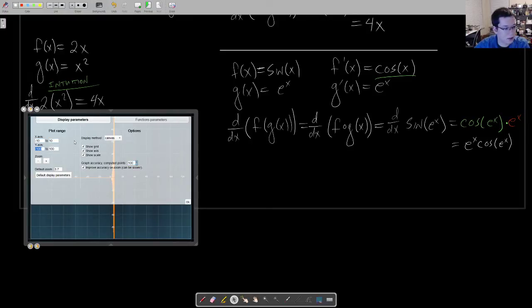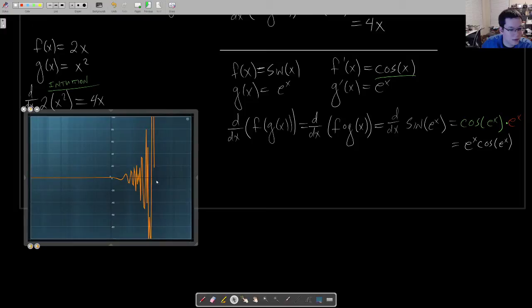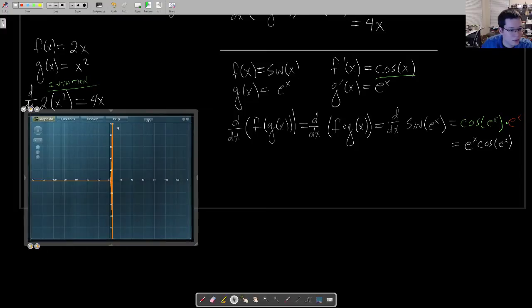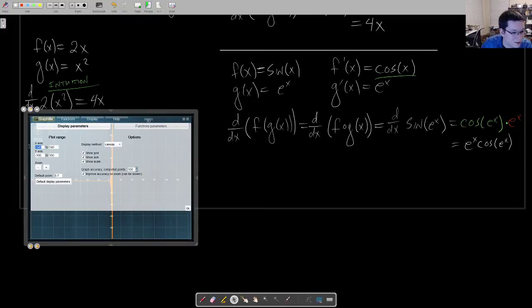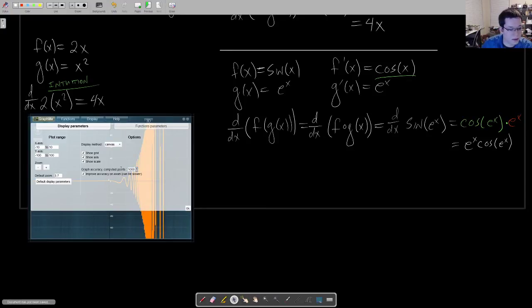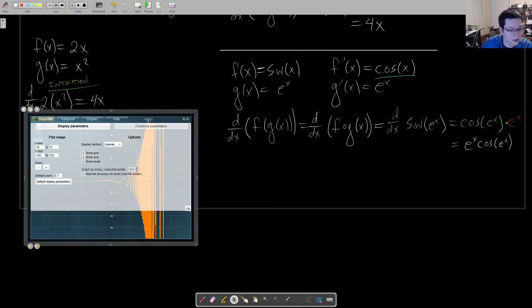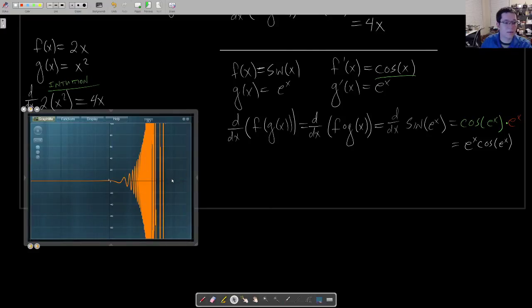Negative 10 to 10. There we go. And so e to the x gets bigger and bigger and bigger as x gets bigger.